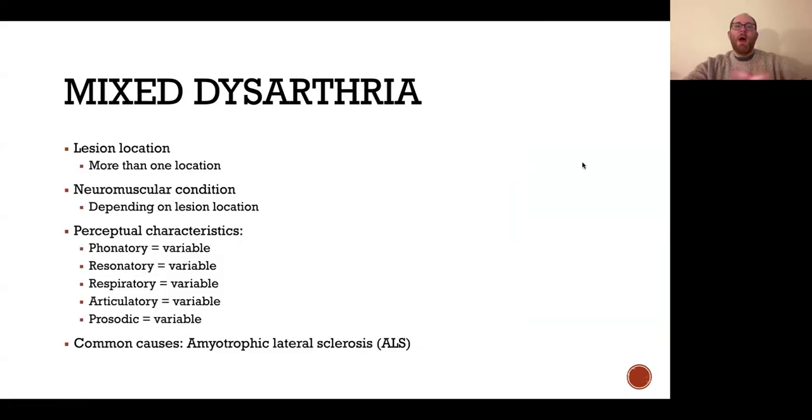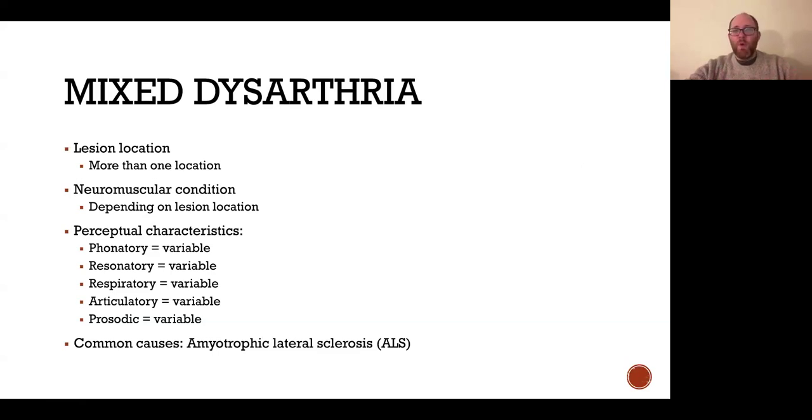All right. Lastly, as far as dysarthria goes, we are going to talk about mixed dysarthrias here. This one is a bit of a mixed bag, no pun intended, because it really depends on where the lesions are and what types of dysarthria you have presenting. So lesion-wise, more than one location.